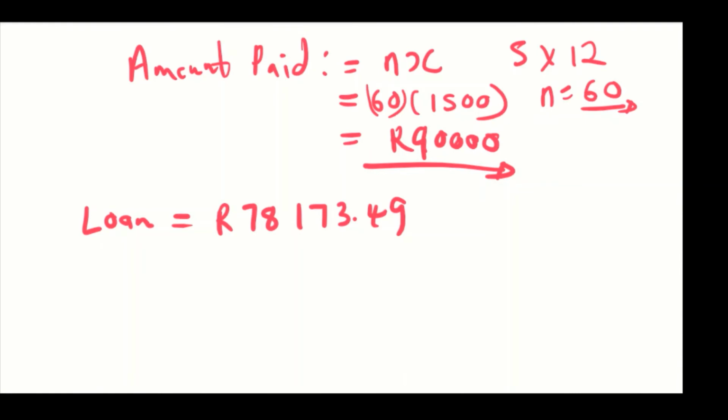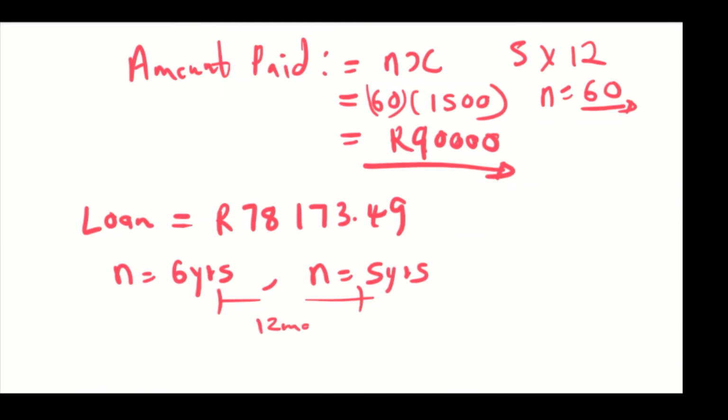Remember that the period of the loan was 6 years, but now we are looking at n equals 5 years. The difference between these two is just 1 year, which you can say is 12 months.